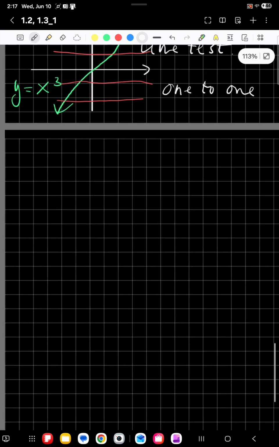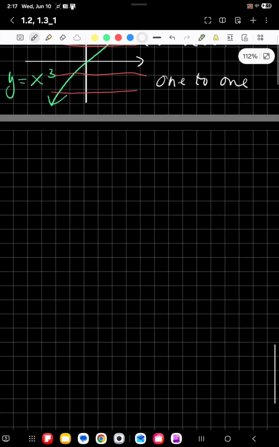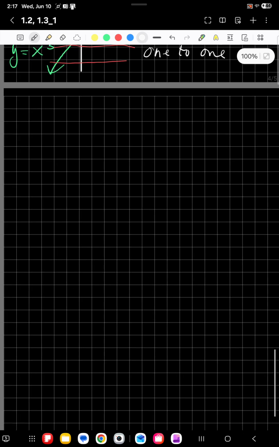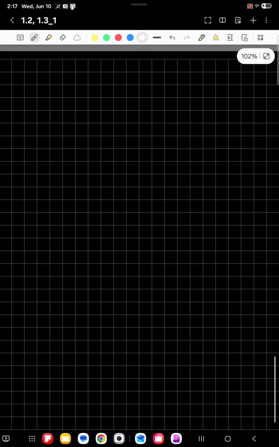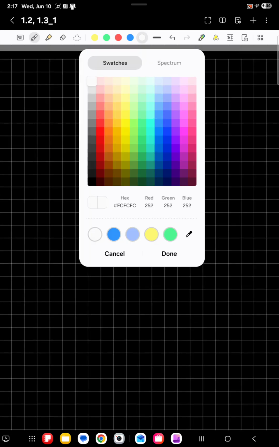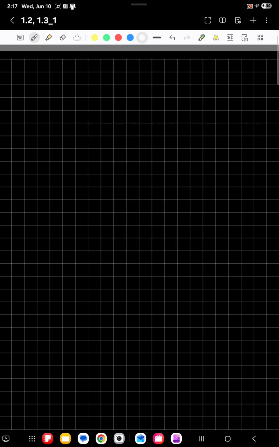So the next idea was related to symmetry. It's basically the same concept. I don't know, we could call it symmetry, something we talked about yesterday.